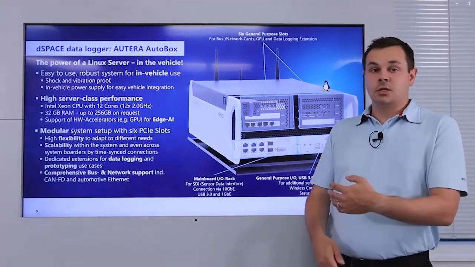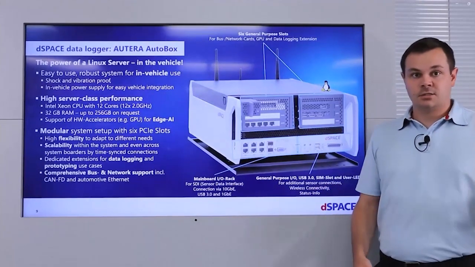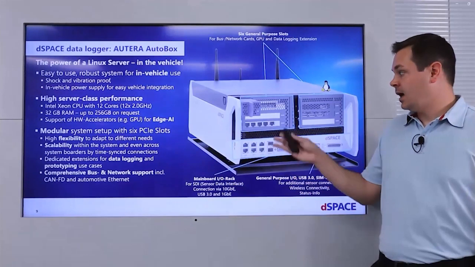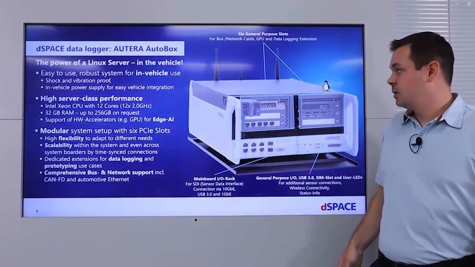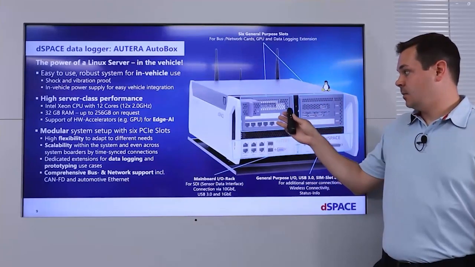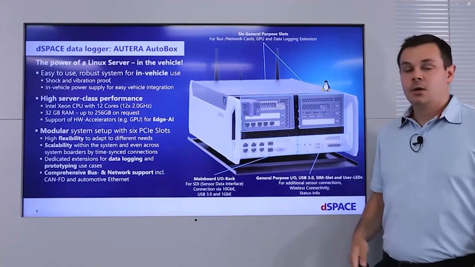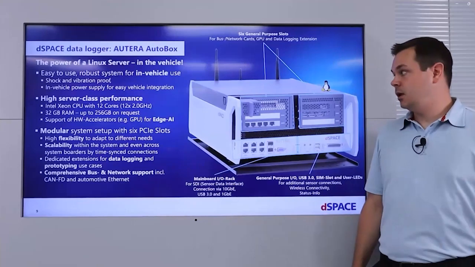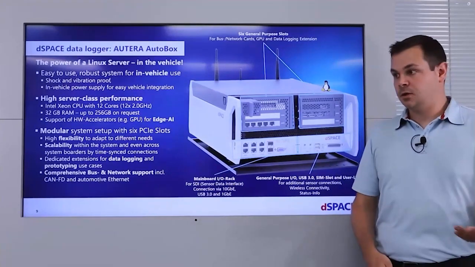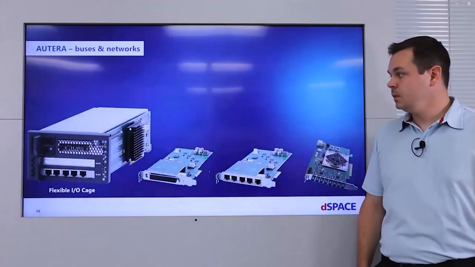And then to actually connect to the different I/O types, to connect to your CAN, Ethernet, GMSL, FPD-Link, we have these 6 PCIe slots available in these 2 cages, and we'll add some PCIe cards to these 6 slots, which will allow us to connect to the different I/O of our sensors, according to our particular sensor set.